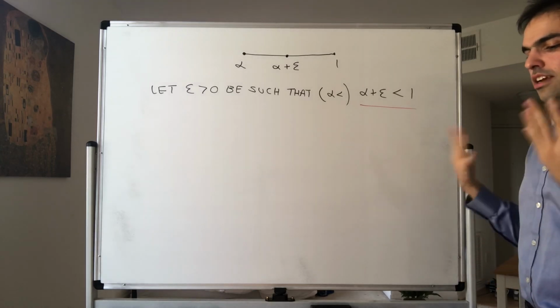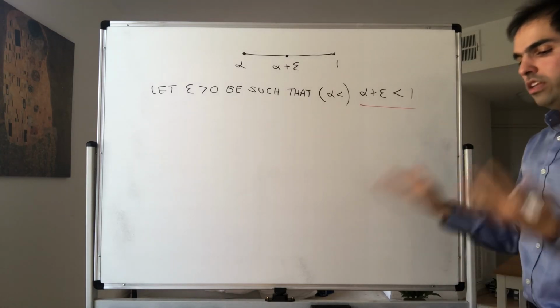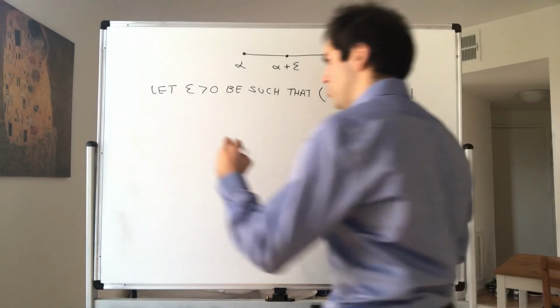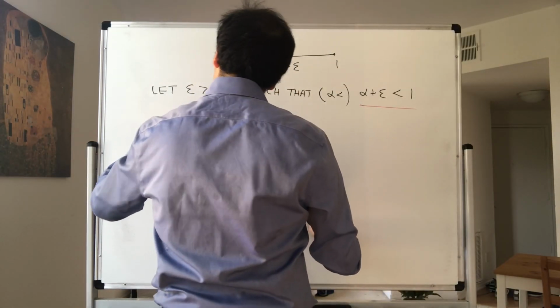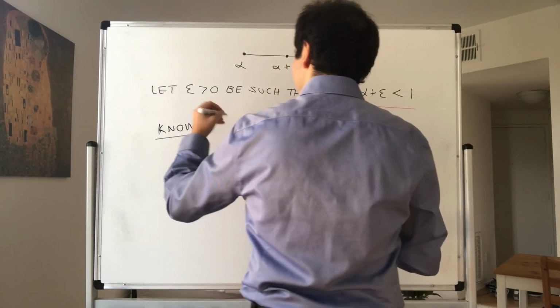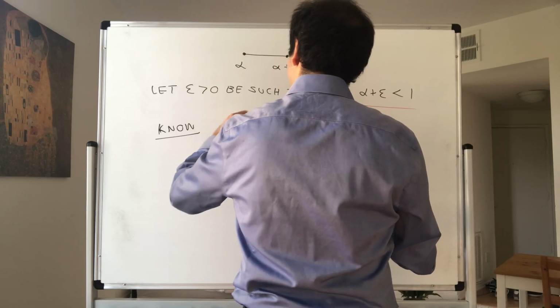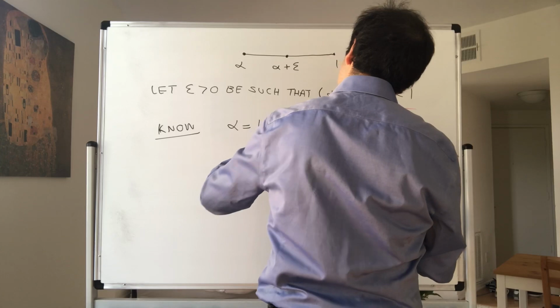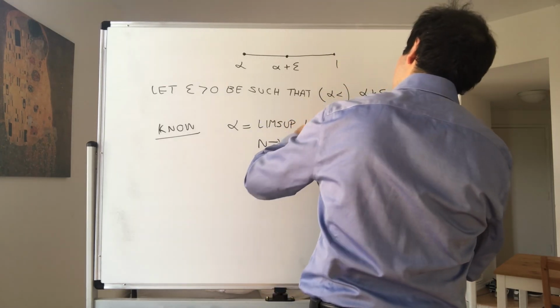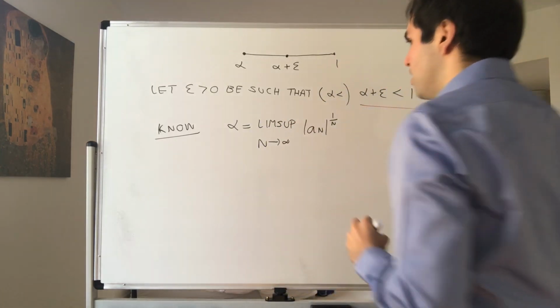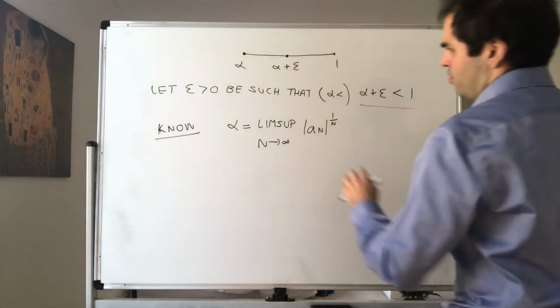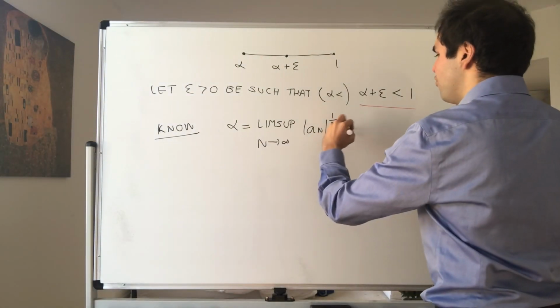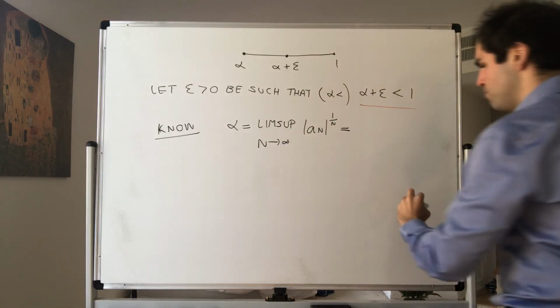Remember, we know that the lim sup is alpha. What does it mean to be a lim sup? So we know that alpha is the lim sup as n goes to infinity of those n-th roots. But remember, what is the lim sup?